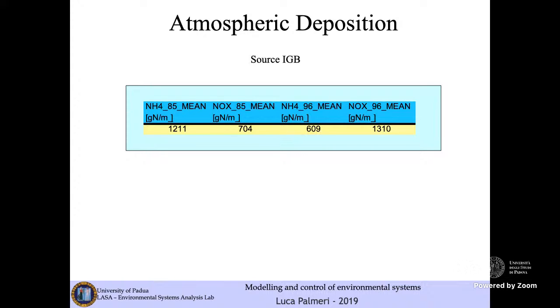And then we have even lower resolution in terms of atmospheric deposition. We employed the figures provided by IGB, the institution for the study of geographical, the institution to which Horst Behrendt belonged, which developed the model.